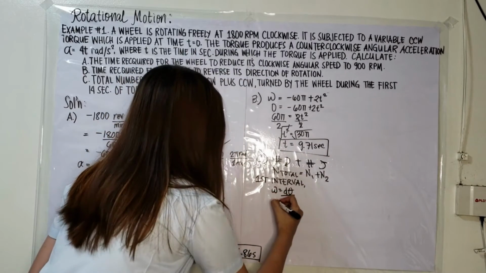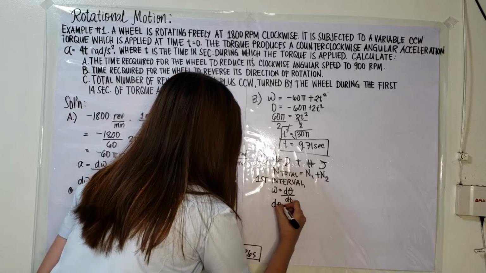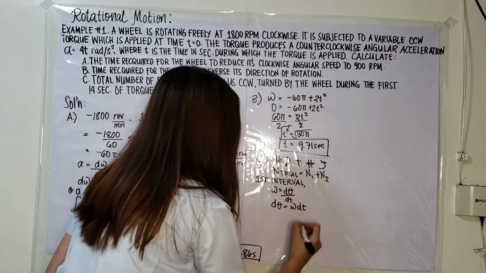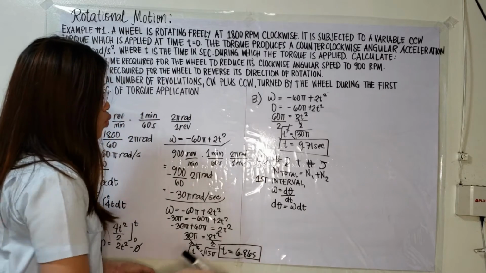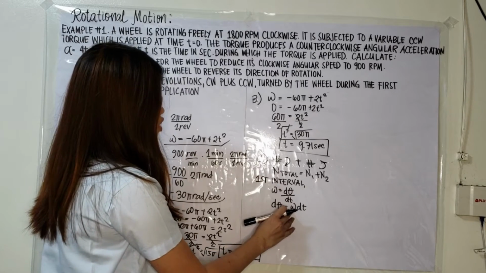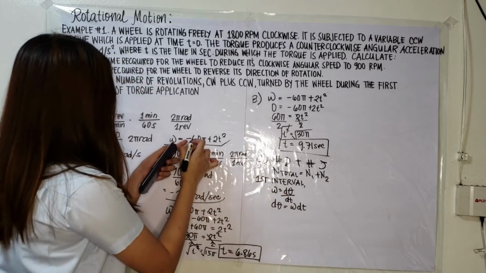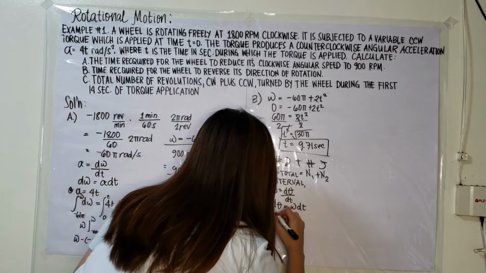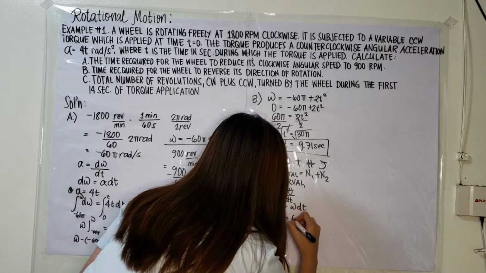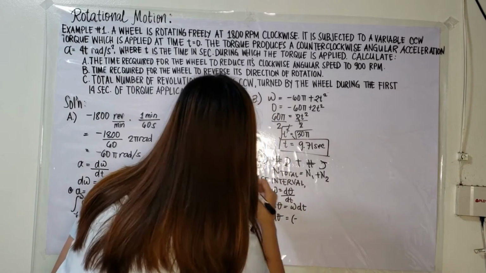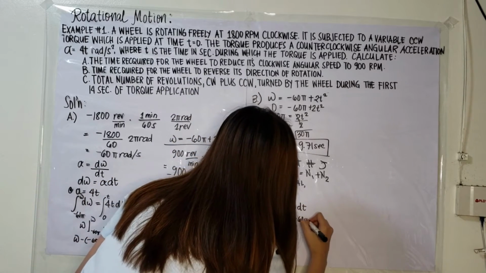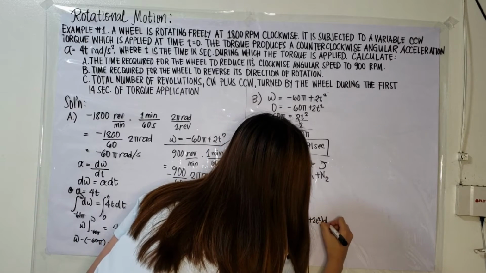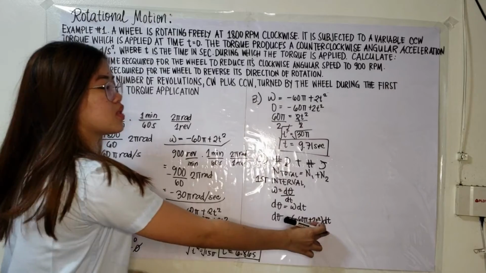Cross multiplication, we will have d theta is equal to omega multiplied by dt, wherein our omega is equal to negative 60 pi plus 2t squared, multiplied by dt.